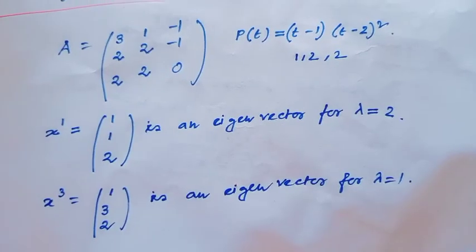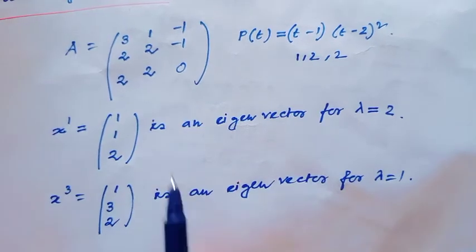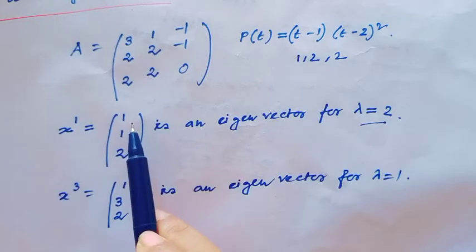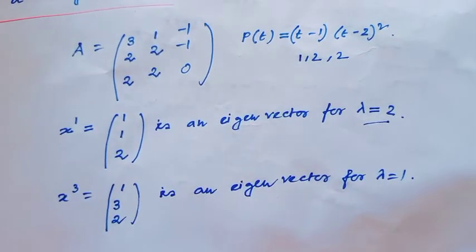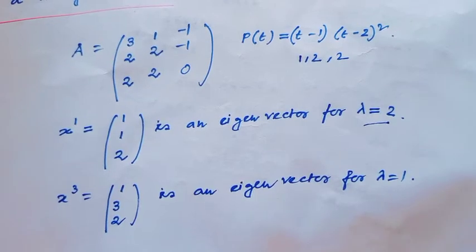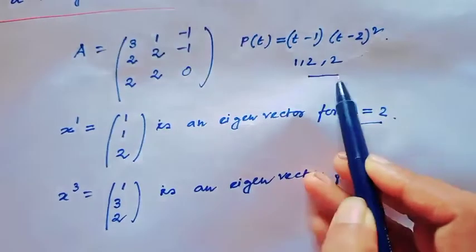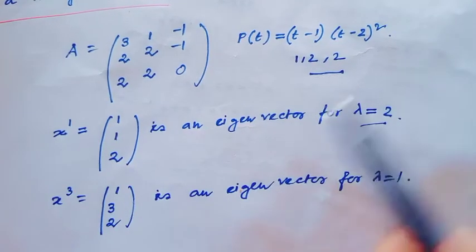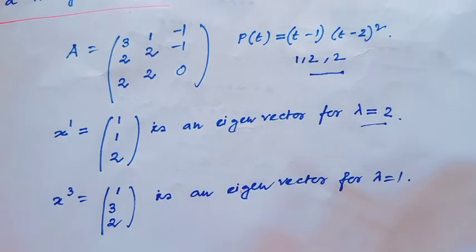Just check on your own. For this eigenvalue, for lambda equal to 2, I will get the eigenvector 1, 1, 2, and for lambda equal to 1, I will get the eigenvector 1, 3, 2. Notice here the eigenvalues are not distinct, but for lambda equal to 2 there exists only one eigenvector.